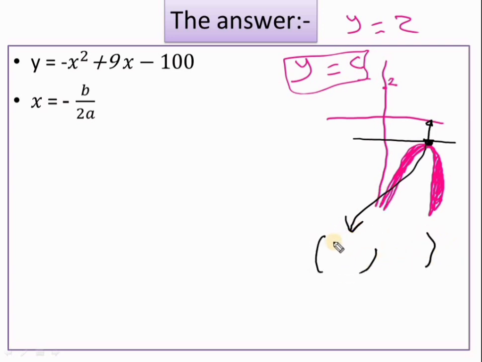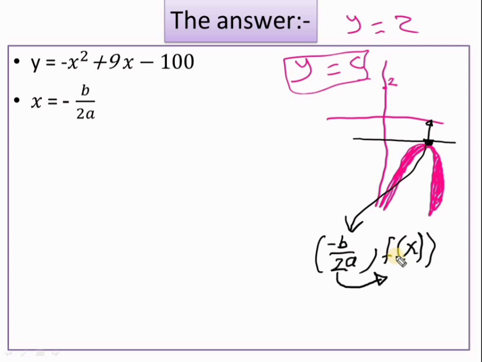The x equals negative b over 2a, and the y equals f of x. After getting this value, you substitute in the function and then get the value of y.